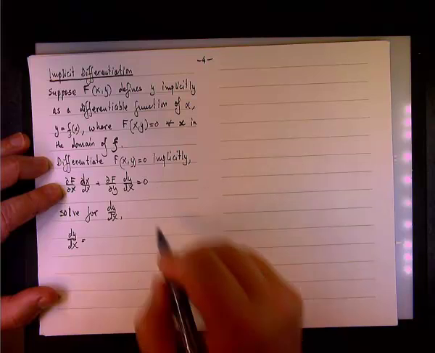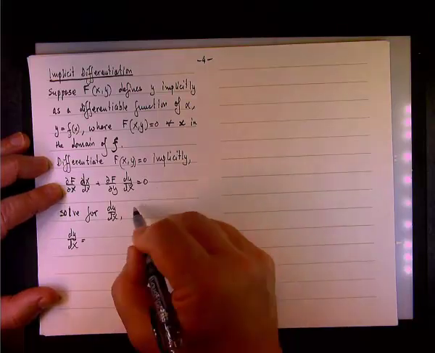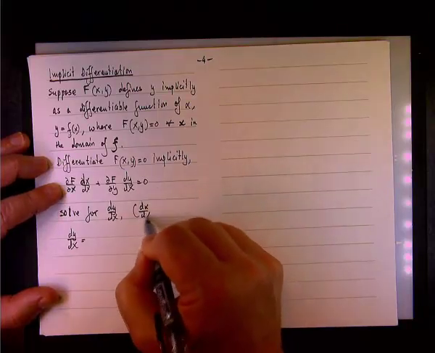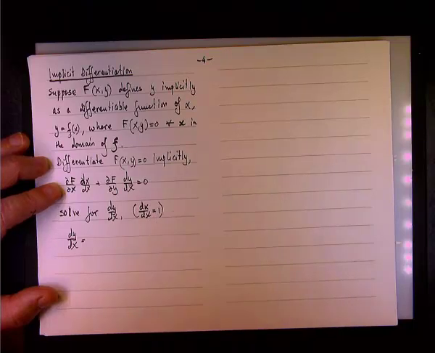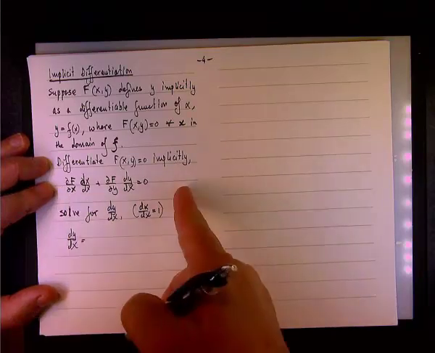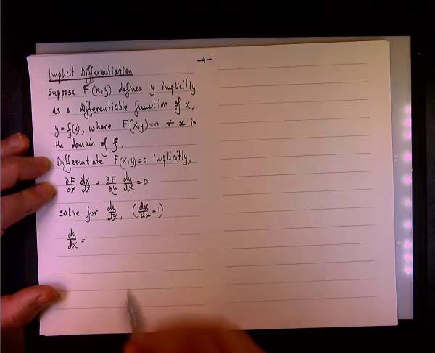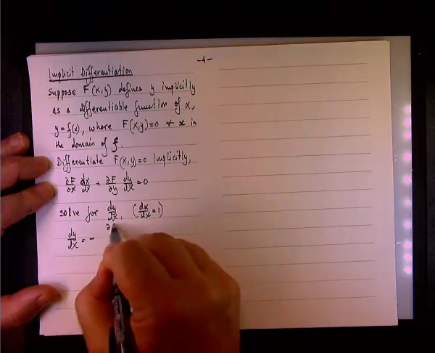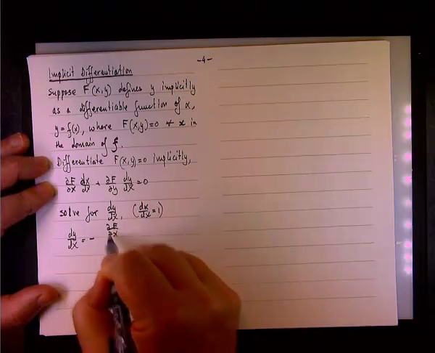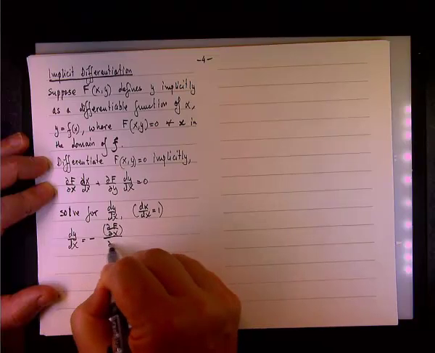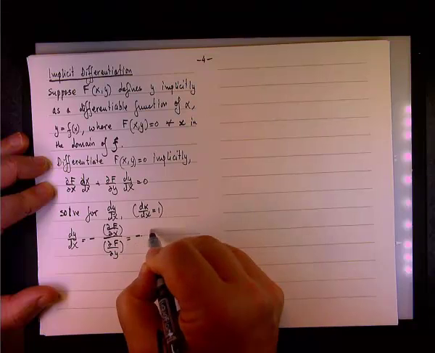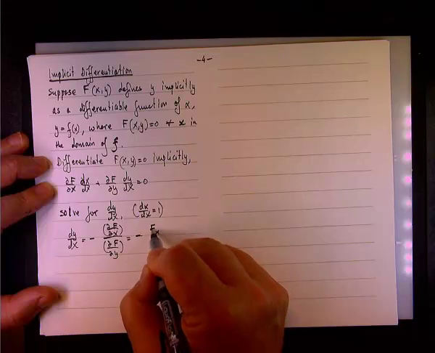So dy dx equals the following. Again, let's write here dx dx of course equals 1. So del F del x would be now on the right side, so it would be negative del F del x, and we need to divide by del F del y.